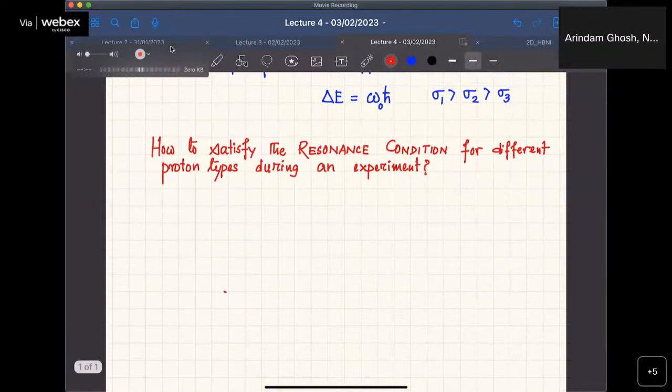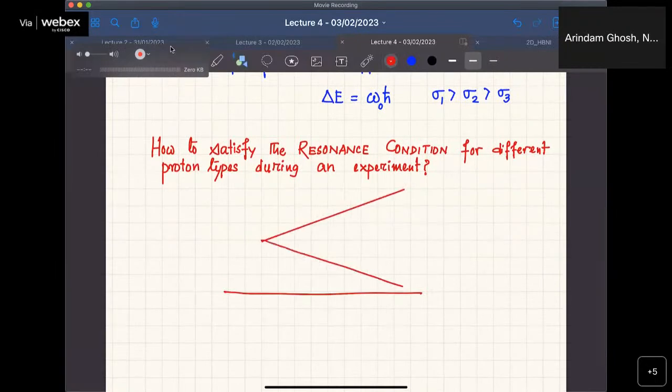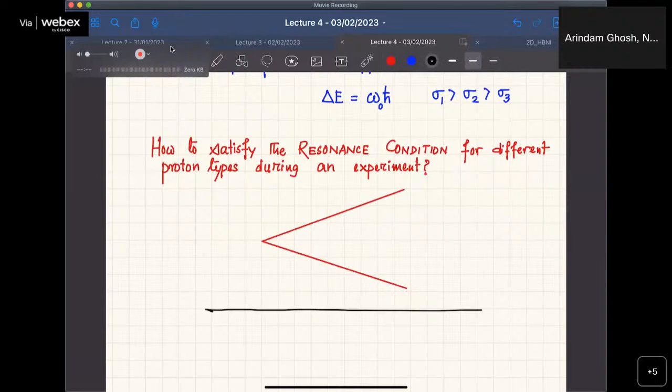So I have a B0. Let me remove this and make it black. Fine. So this is the B0. Suppose I can change B0. What happens? For a given B0, I can take this particular line.